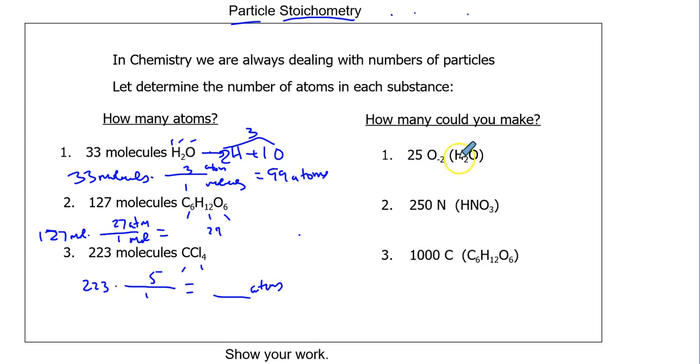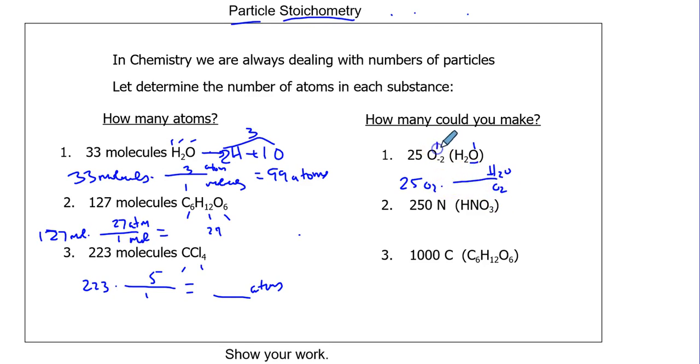How much water could we make? In this case, you'd see that you need 1 molecule of oxygen to make 1 water molecule. So 25 O2s, get rid of the O2 and go to the H2O. Now this is a little more complicated because I have 2 O's in O2.